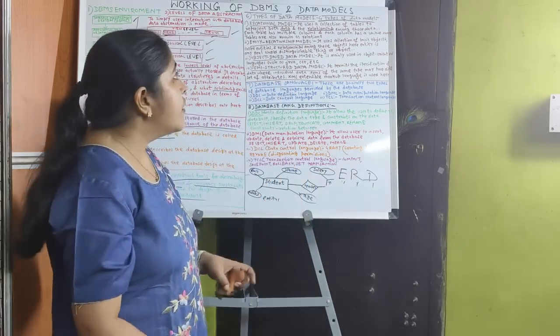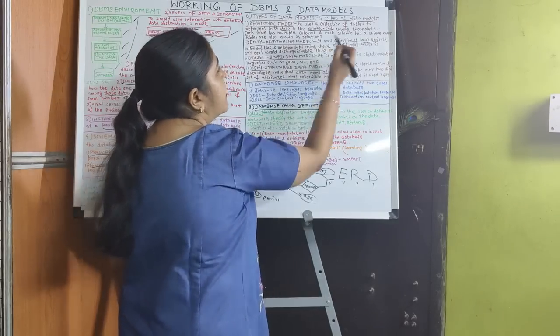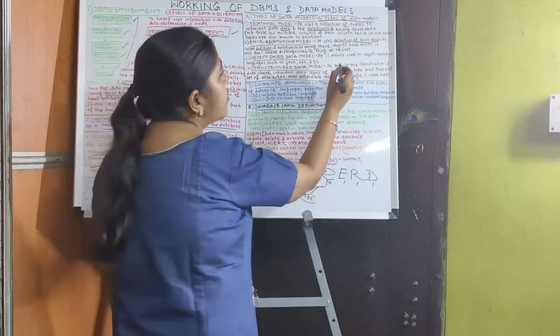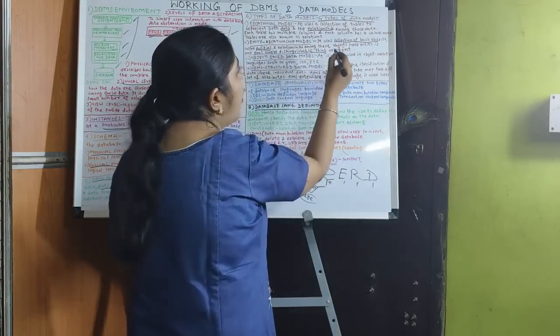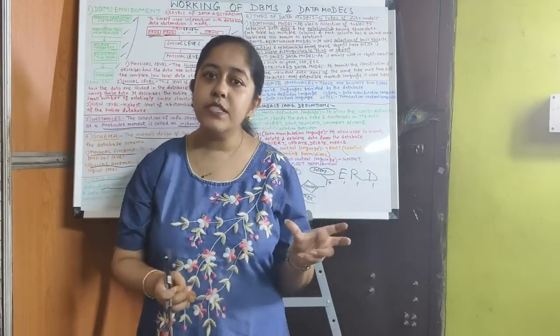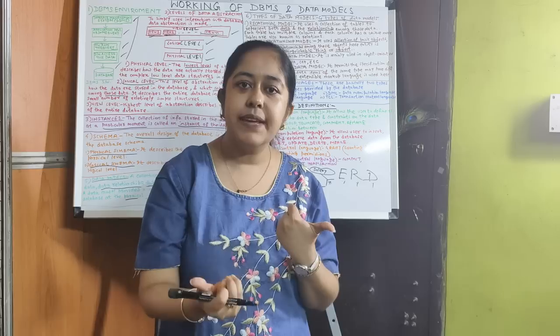Basically it is the collection of basic objects, which are called entities, and the relationships among these objects. Here an entity is any real world distinguishable thing or object. Distinguishable means you cannot take two entities of the same thing.